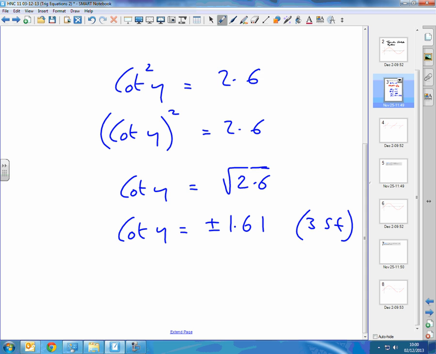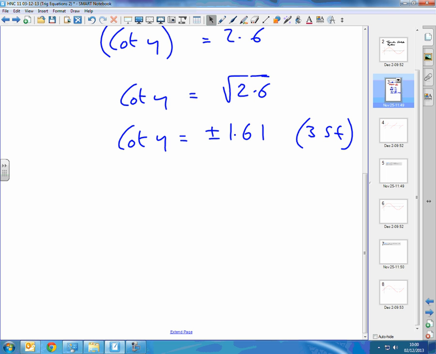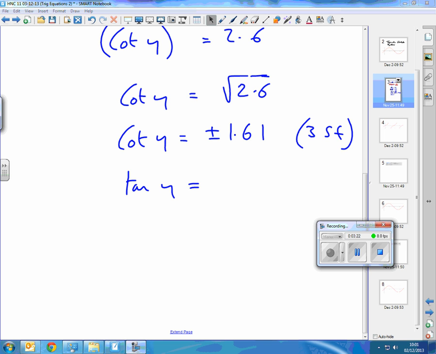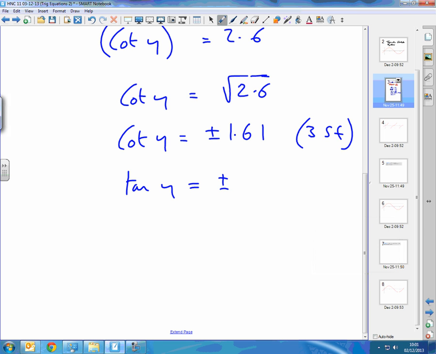But remember, cot is the inverse of tangent. So if we invert this, we get the tangent of y is the inverse of 1.61, which is 0.62.